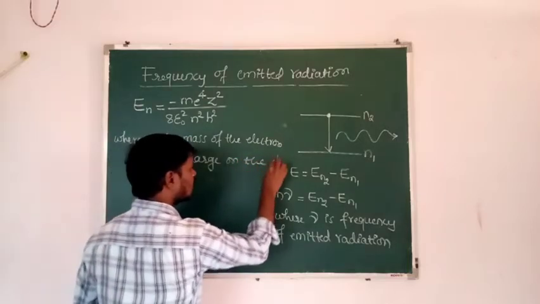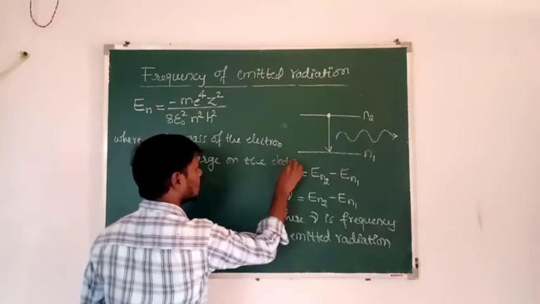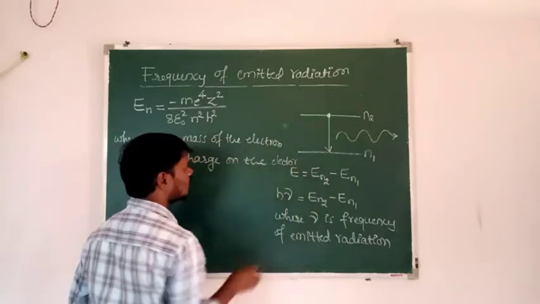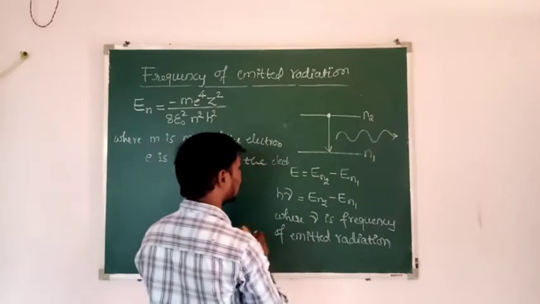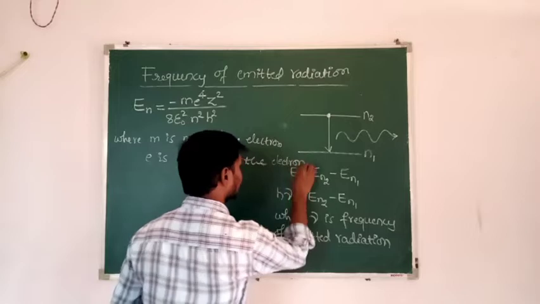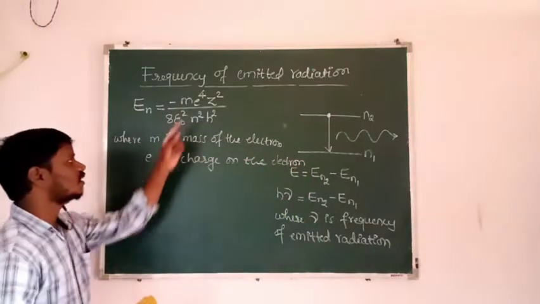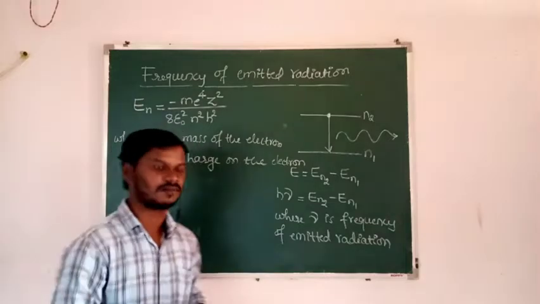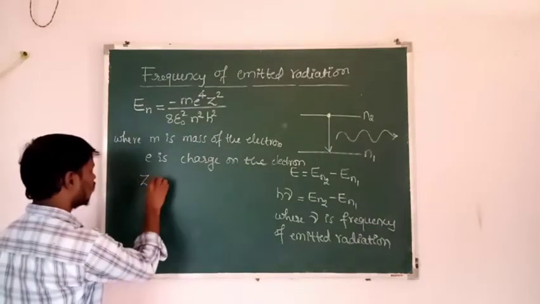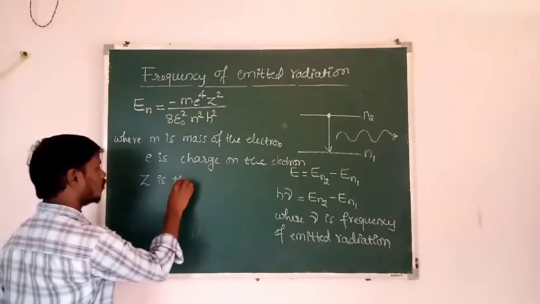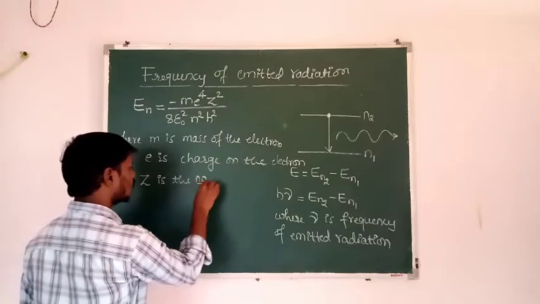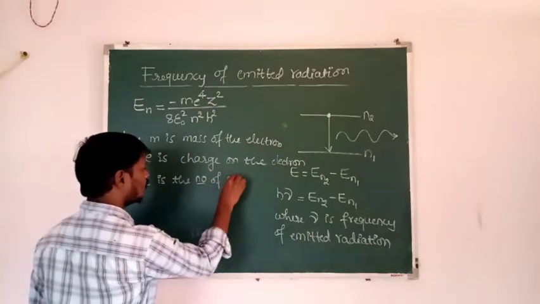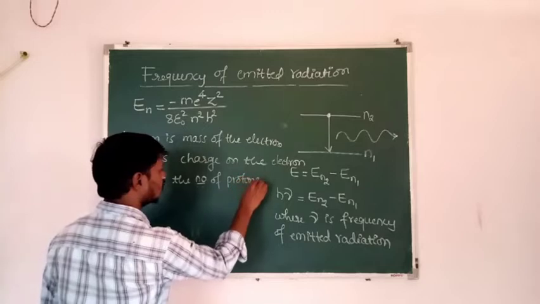Then what is the value of the charge on the electron? That is 1.6 into 10 to the power of minus 19 coulomb. Then what is Z? Z is nothing but the number of protons present in the nucleus of the atom.